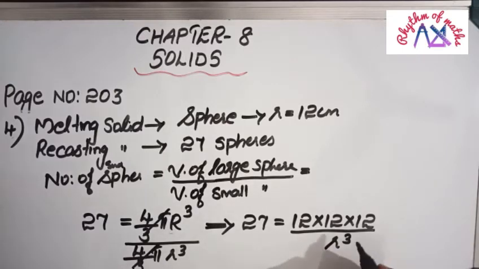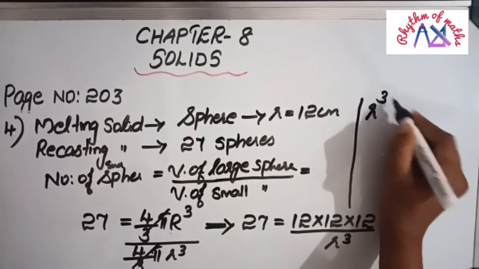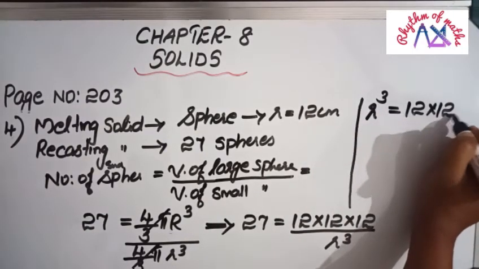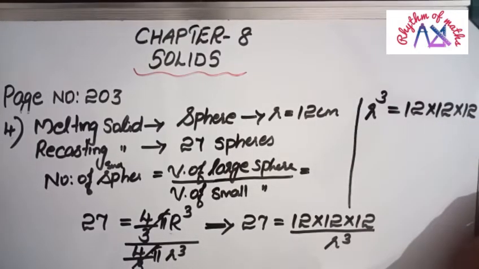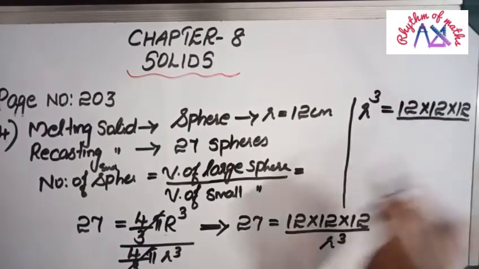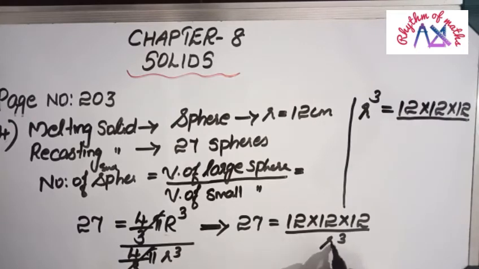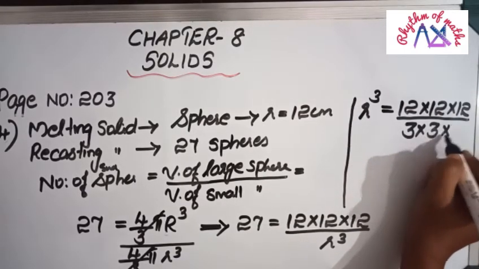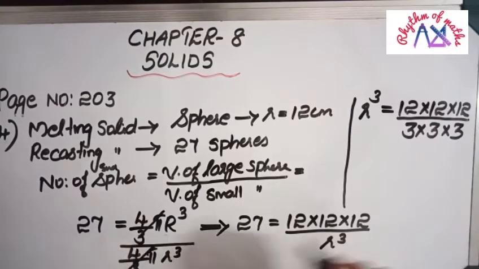Now take this r cube to this side and this 27 to the other side. So r cube equals 12 into 12 into 12 divided by 27, and this 27 we can split as 3 into 3 into 3.